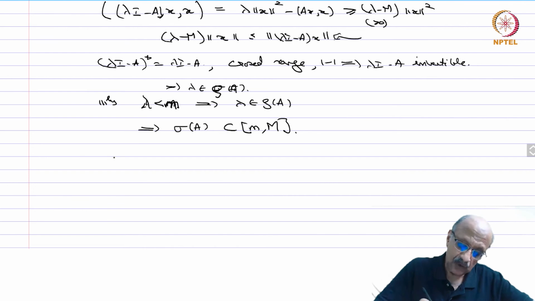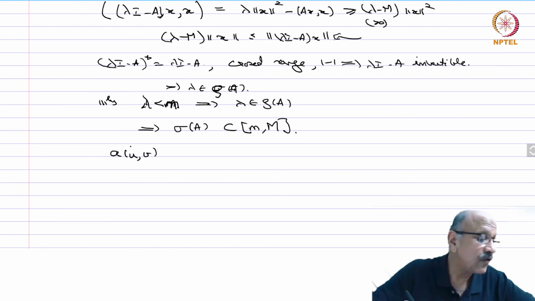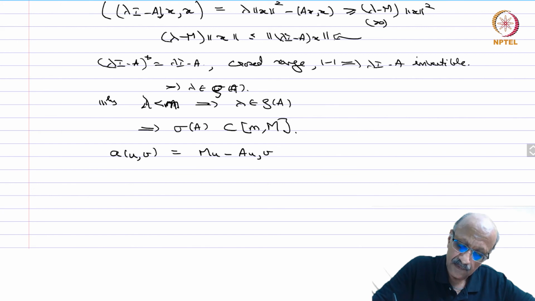Okay, so now for the remaining thing. Consider this form [u, v] equals ((MI minus A)u, v).